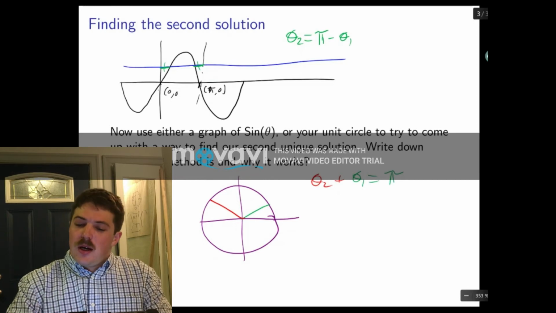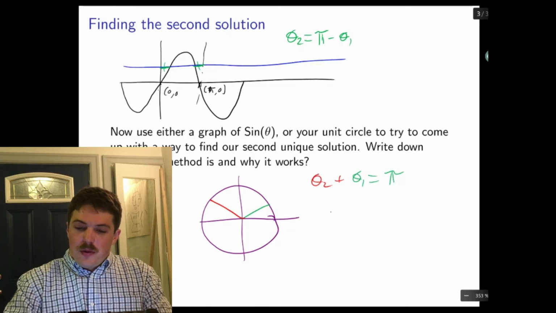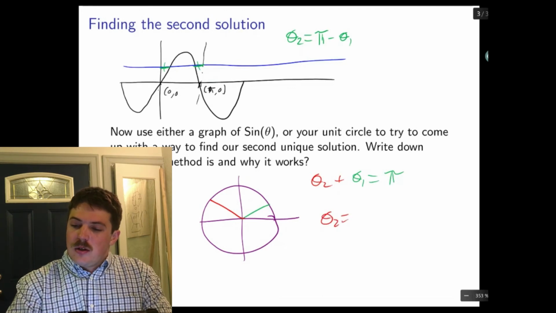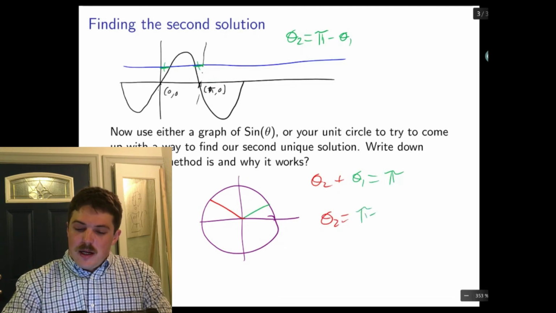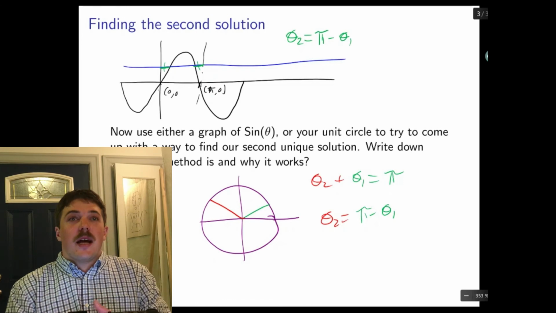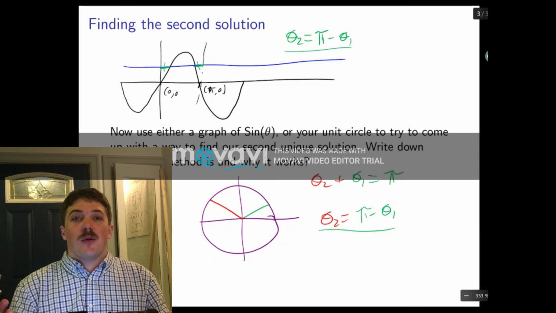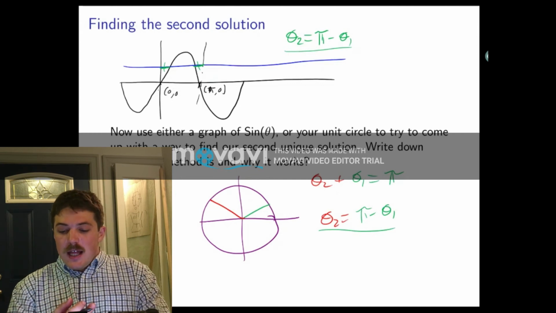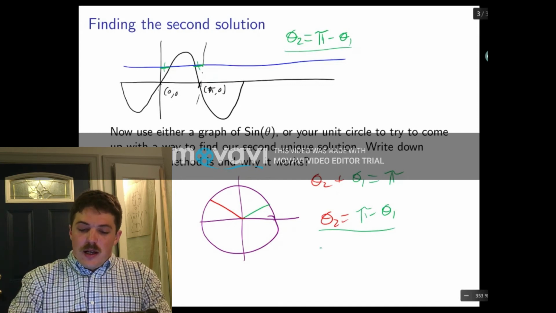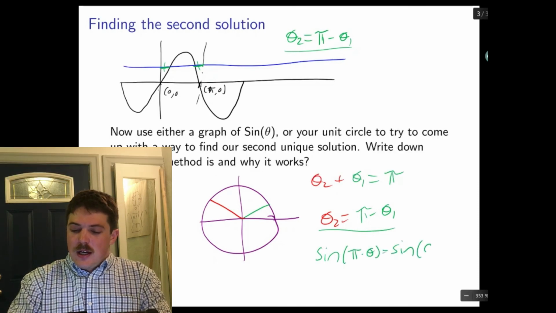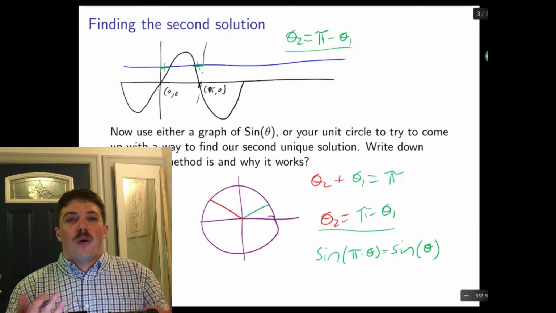We do a little algebra, and we end up with theta 2 is equal to pi minus theta 1. So once again, we have the same formula showing up the two different ways we looked at it. And then the other analytic way is we know that our identity of sine of pi minus theta is equal to sine of theta. So once again, we see this reappearing one other way.